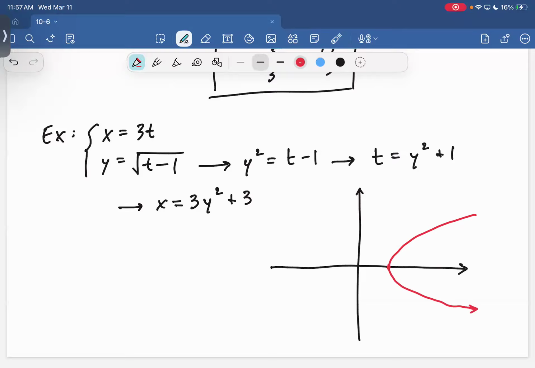But unfortunately, that would be wrong because y must be a non-negative number, because the square root of anything is always going to be a positive number. We always choose the positive number. And so that means this graph is actually not correct, and we only want to have the top portion of it. So that'll be the answer. Y has to be a positive number, and therefore we're only going to keep the top portion of the graph.